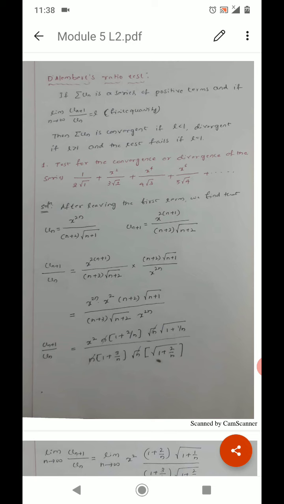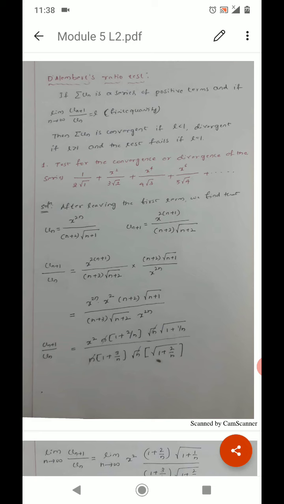x power 2 of n plus 1 can be written as x power 2n into x square into n plus 2 into square root of n plus 1 divided by, in the denominator we have n plus 3 into square root of n plus 2 into x power 2n. So from denominator and numerator we cancel x power 2n.